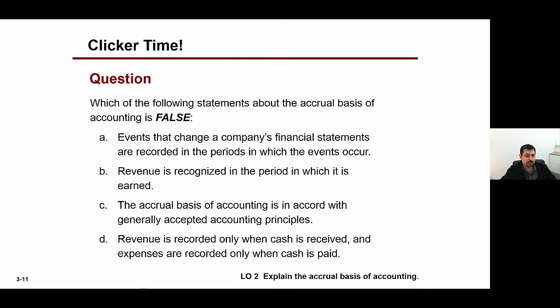The accrual basis of accounting is in accordance with generally accepted accounting principles, and revenue is recorded only when cash is received, and expenses are recorded only when cash is paid. As we can see, under the accrual basis accounting, only the last one is incorrect, because this is the cash basis accounting.